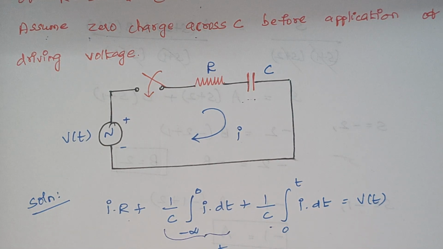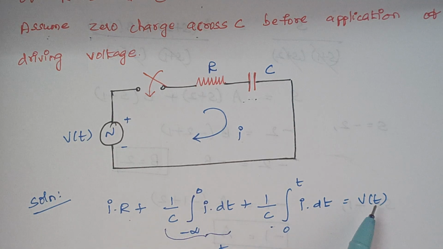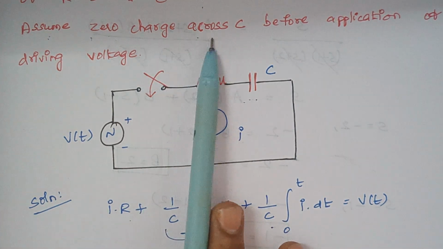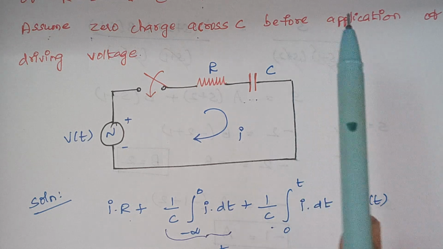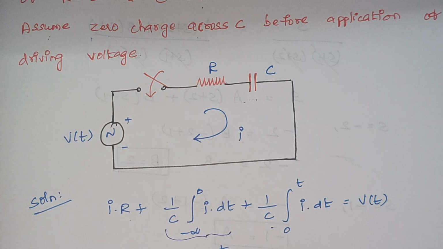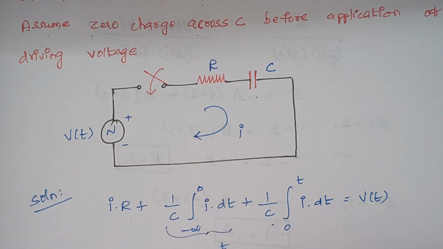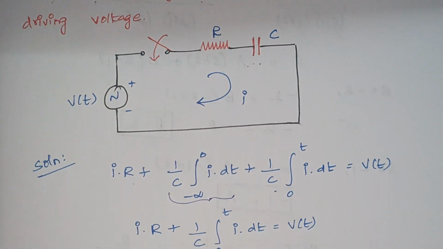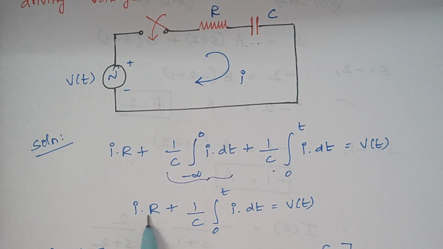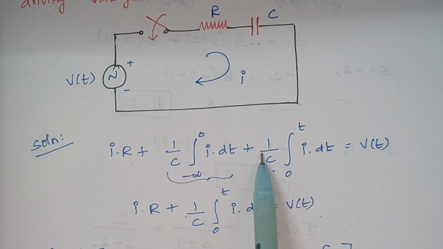If you have any doubt, you write down the entire expression, and here there is zero charge across the capacitor before application of voltage. That indirectly means the initial voltage across the capacitor is 0. Therefore, this expression reduces to 0. Therefore, i into R plus 1 by C integral of 0 to t i dt equal to v of t. So this is our expression. If you are clear, you can directly write this, no need of the rest.